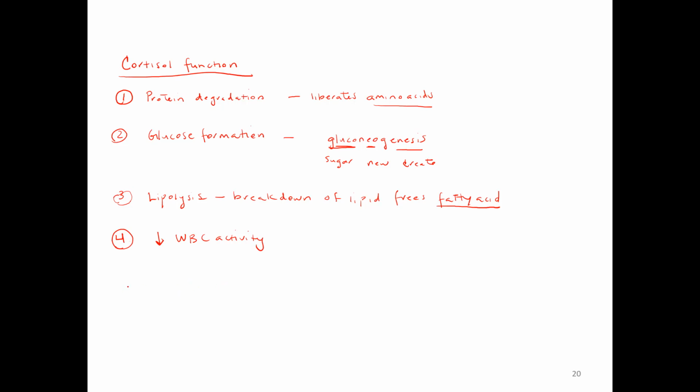The very last thing I'm going to add is that we have two words that sound similar. We have gluconeogenesis, which I said is to use certain amino acids like alanine and glycine or lactic acid and make new available glucose. Another thing that cortisol can do is stimulate glycogenolysis.